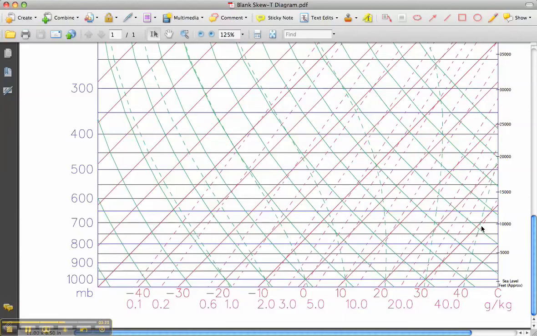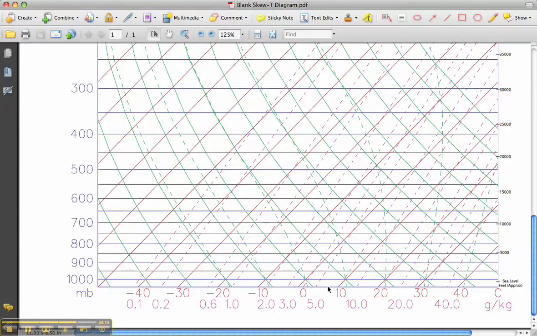Now the saturation mixing ratio is the dashed, looks like purple or red. It's kind of hard to tell in terms of the color, but these are the saturation mixing ratio lines, and I'll show you how we use those in just a few moments in part 4. But if I am looking at this particular saturation mixing ratio dashed line, its value is 20 grams of water vapor per kilogram of air.